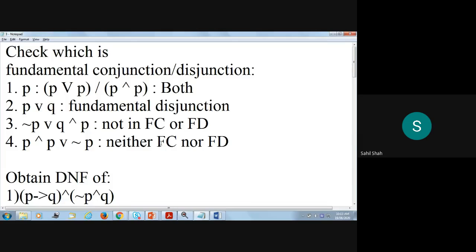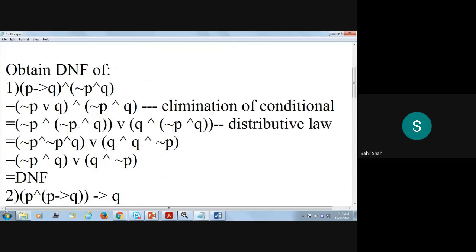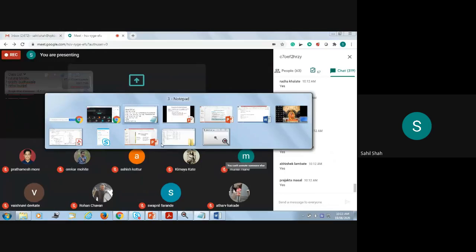I'm giving you. Are you taking the snapshot? Take it.